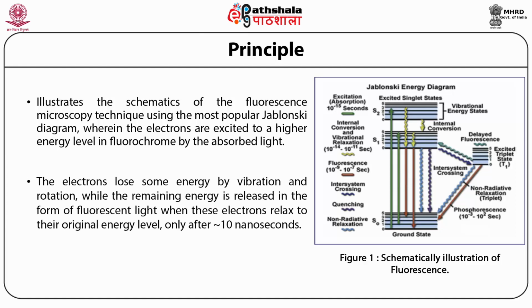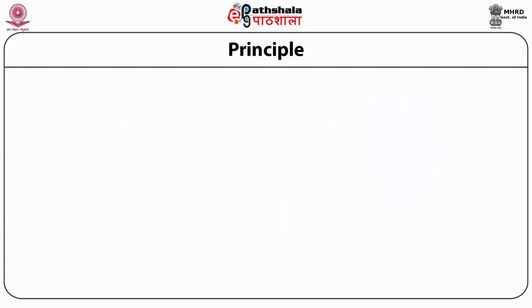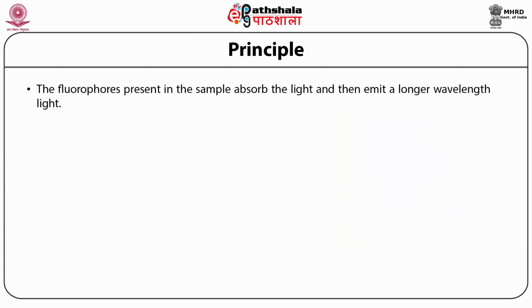The electrons lose some energy by vibration and rotation, while the remaining energy is released in the form of fluorescent light when these electrons relax to their original energy level. This happens in approximately 10 nanoseconds. The fluorophores present in the sample absorb the light and then emit longer wavelength light.